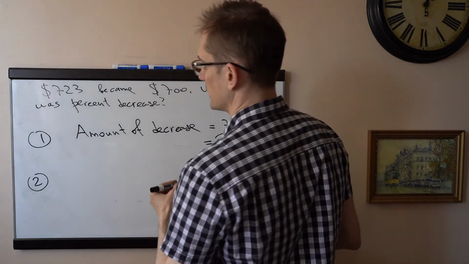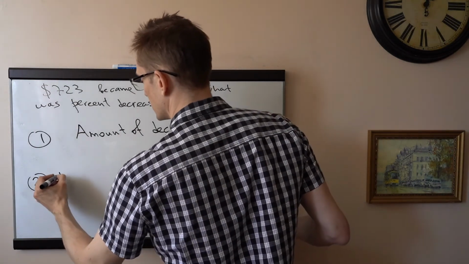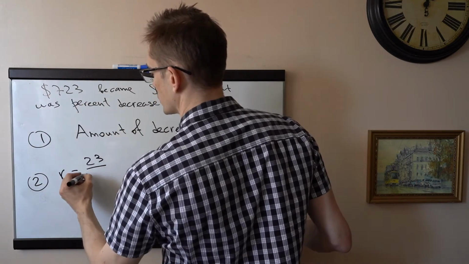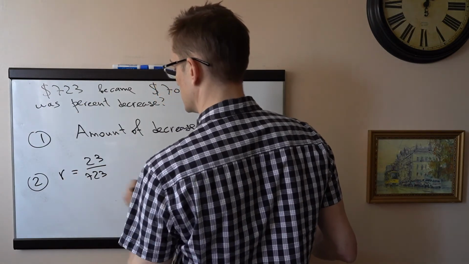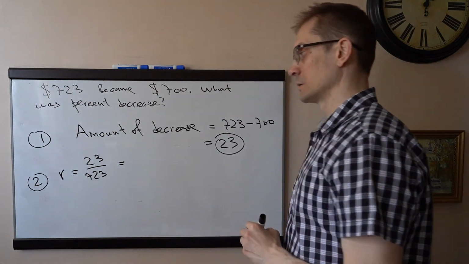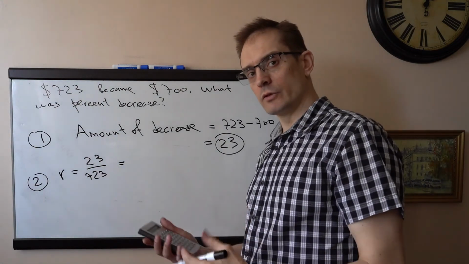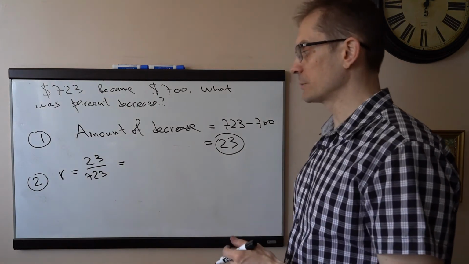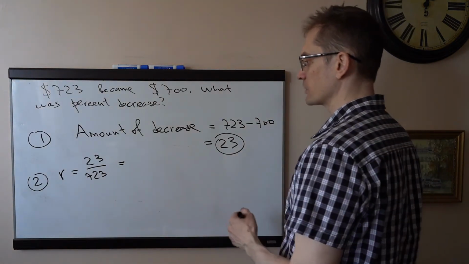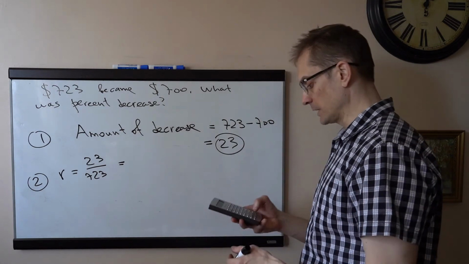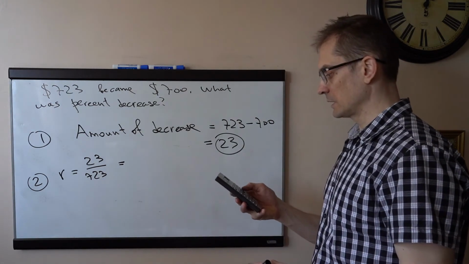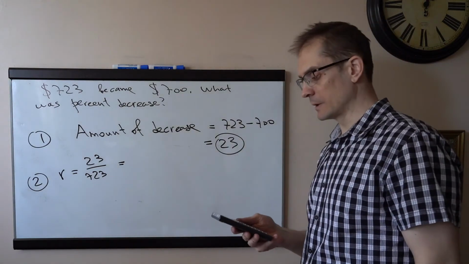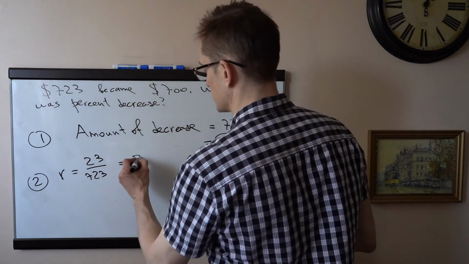But the second step is to find that amount is what percent of the initial value. And that will give you percent decrease. So 23 divided by 723, of course it will be the same value, but you can check, right? So 23 divided by 723, always check yourself, it's 3.18% again.